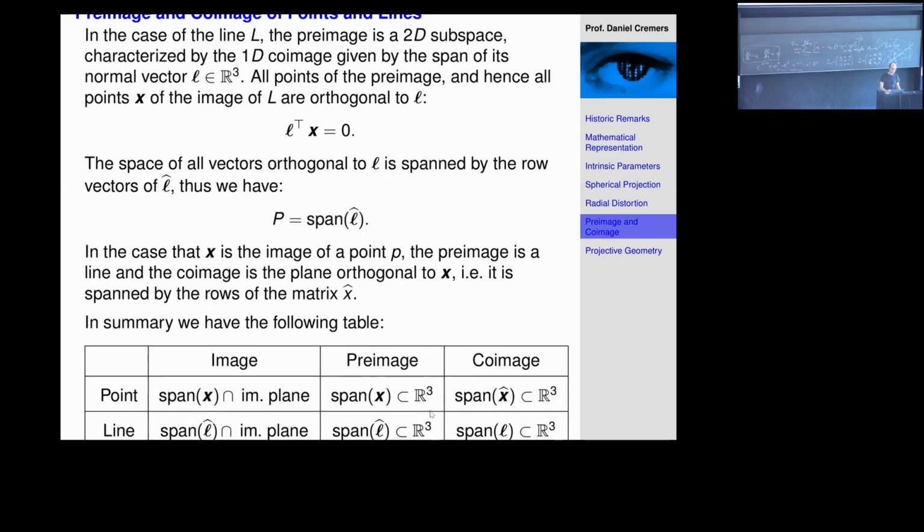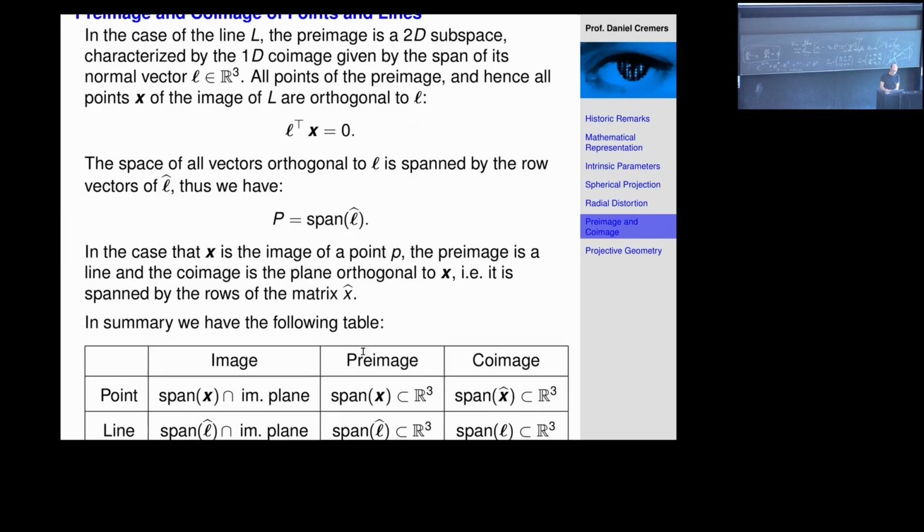This notion of pre-image and the co-image being the orthogonal complement doesn't easily extend to curved surfaces. So if we have a curve in the image, then the pre-image can be defined, but it's not a plane anymore. And so there is not a normal vector on the plane as the co-image. Things get more complicated, but at least the pre-image, we can still define it for all sorts of structures. But if it's points and lines, then things are nice and easy.